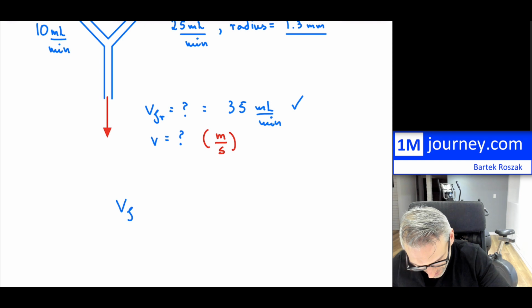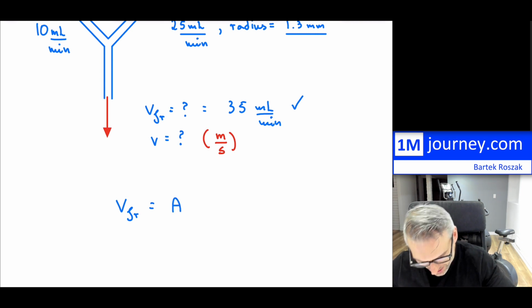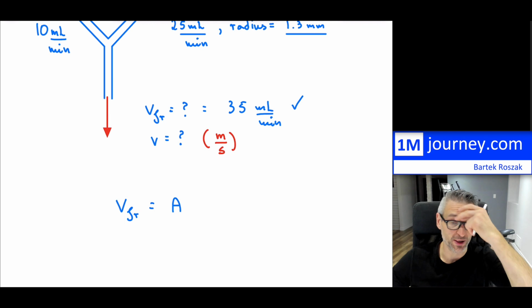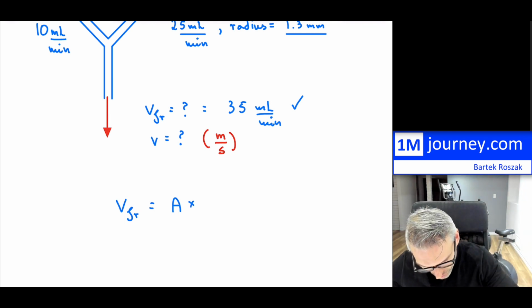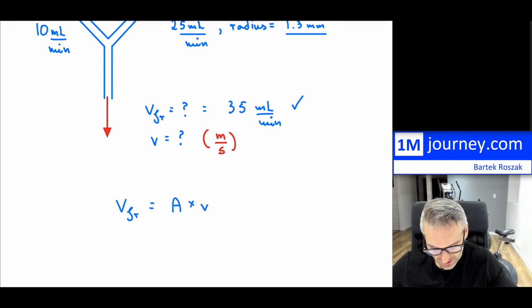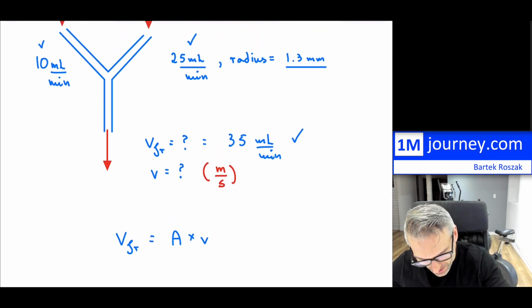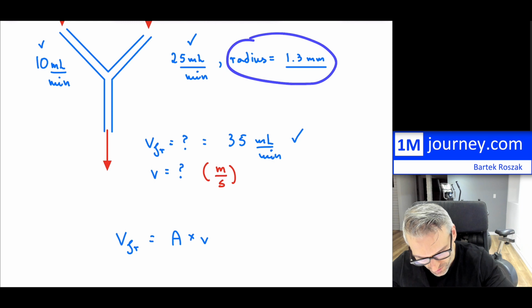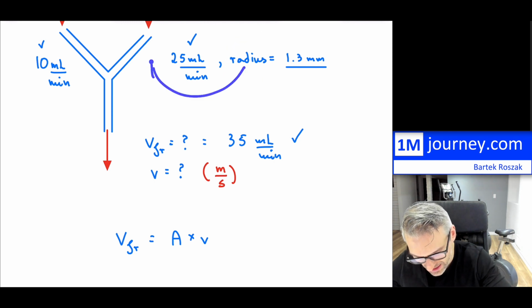Volume flow rate is equal to the cross-sectional area of the tube that we have, multiplied by the speed that the fluid is moving at. Now, for the cross-sectional area, we have the radius of these tubes, and we're going to assume that this radius is exactly the same in all of the tubes.